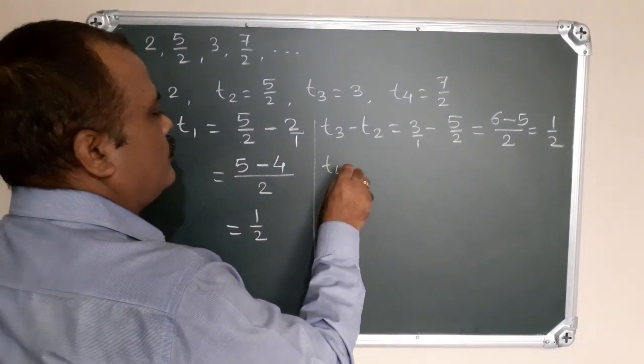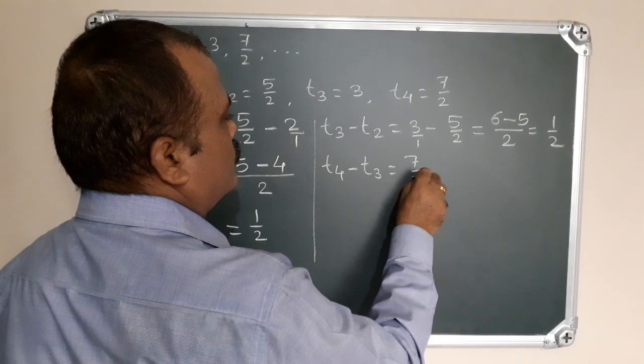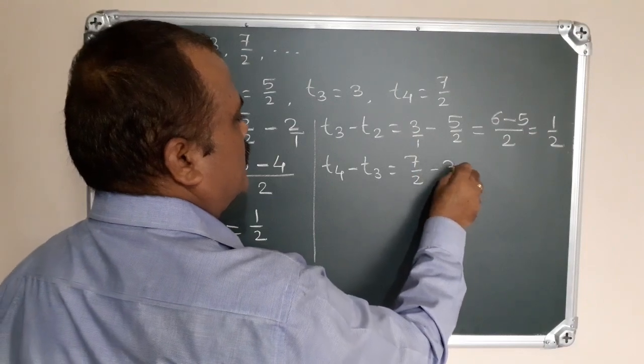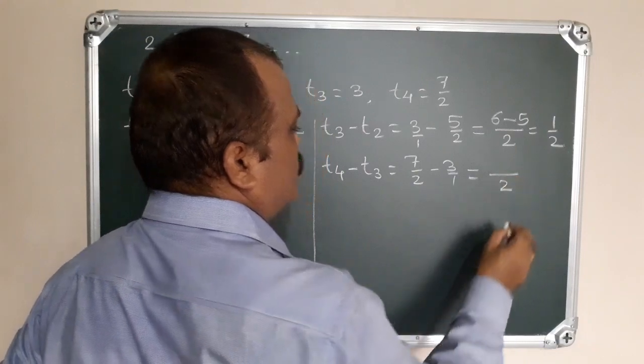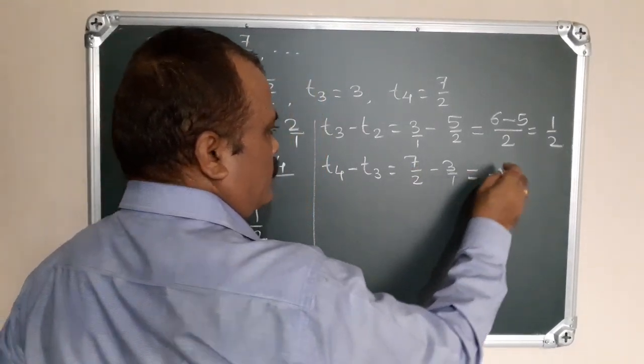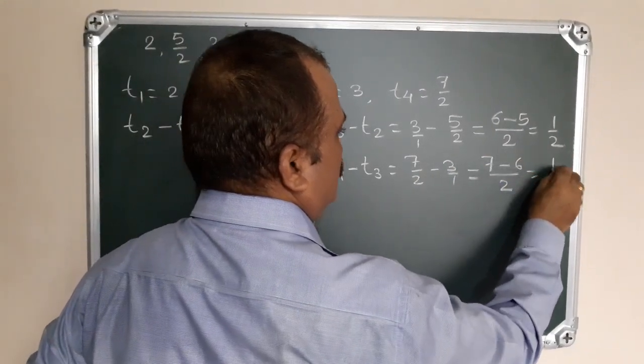Then calculate T4 minus T3. So T4 is 7 upon 2 minus 3. That means 3 upon 1. So the LCM of the denominators is 2. 7 into 1, 7, minus 2 into 3, 6, is equal to half.